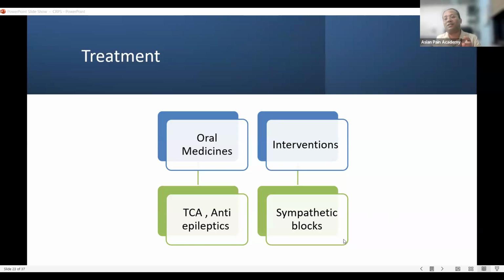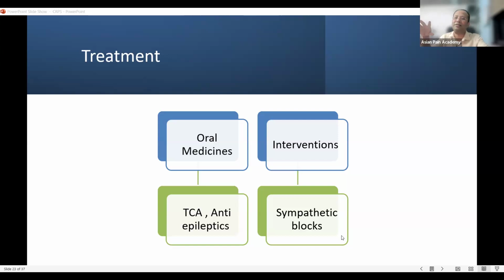After that, whether the patient's pain is gone or not depends on whether that CRPS pain is sympathetically mediated pain or not. If positive, then only you can go for a long-term treatment like radio frequency or some kind of neurolysis of that sympathetic ganglion.